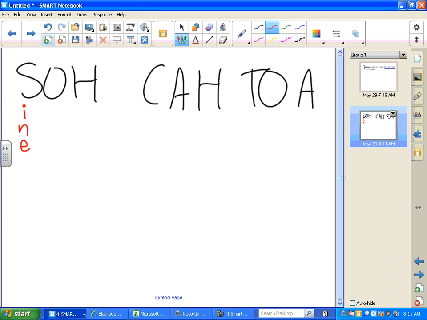SOH CAH TOA is not a word. It just helps you so you know how to set up the ratios. So sine is always opposite over the hypotenuse. And I'm probably not spelling this right.